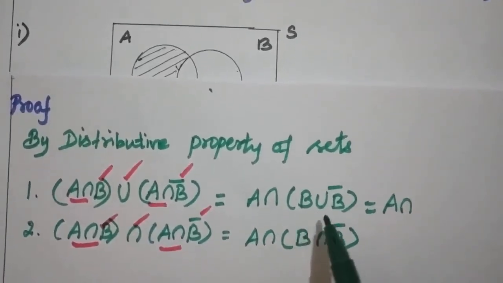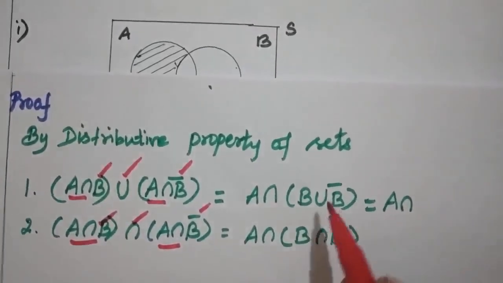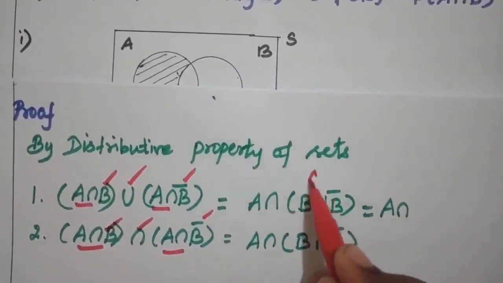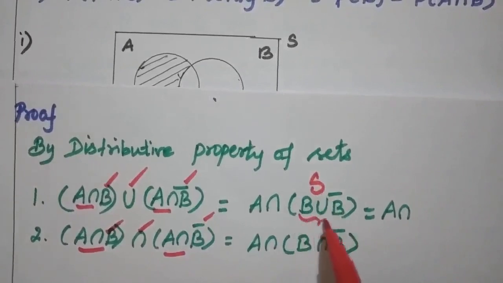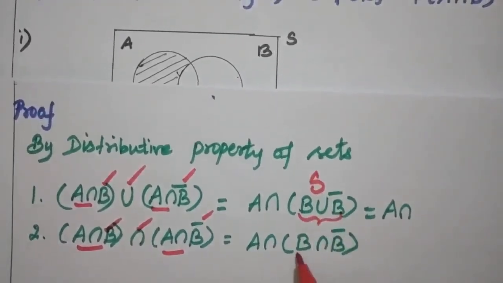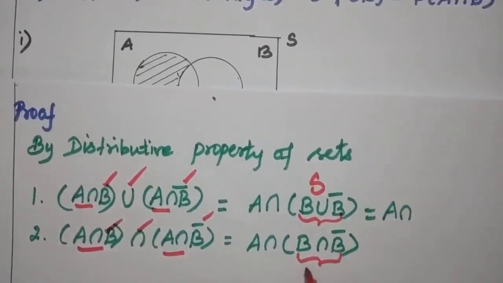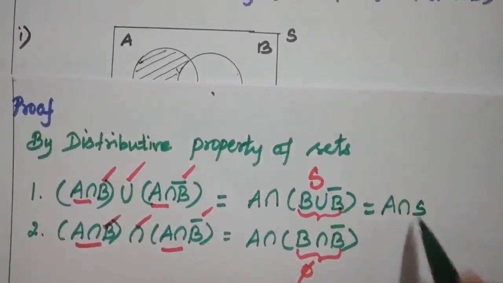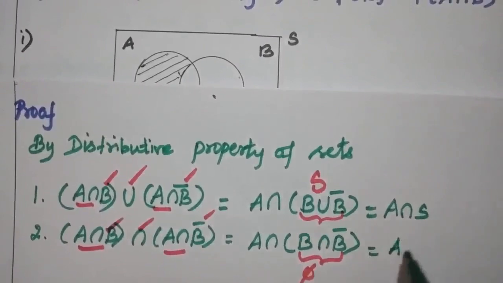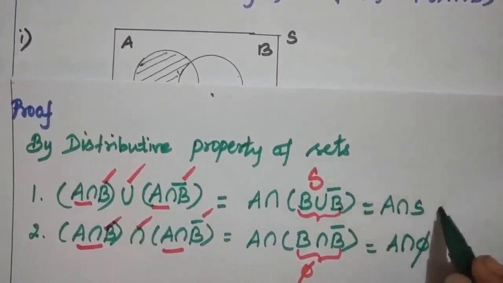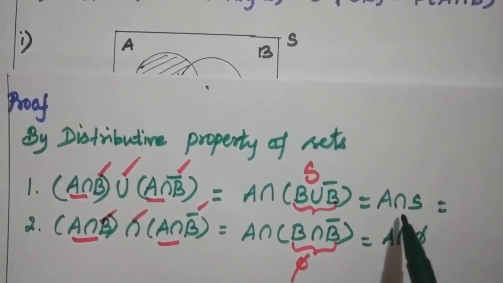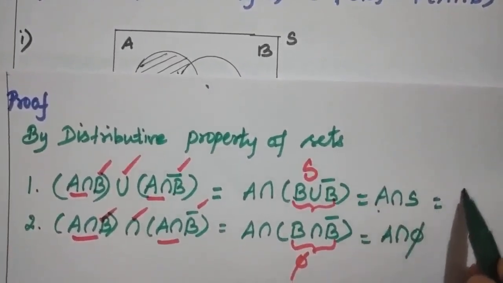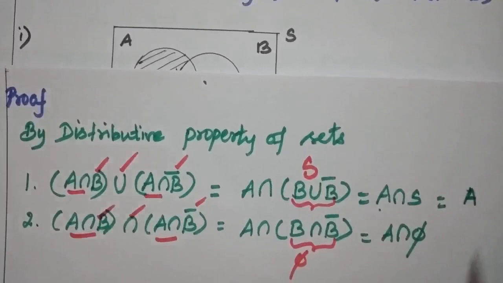We already learned, what is the value of B union B dash? Yes, B union B dash is your sample space. What is the value of B intersection B dash? It is none. A intersection none, which is equal to, when you take the intersection of A and your sample space, you will get A as the answer.